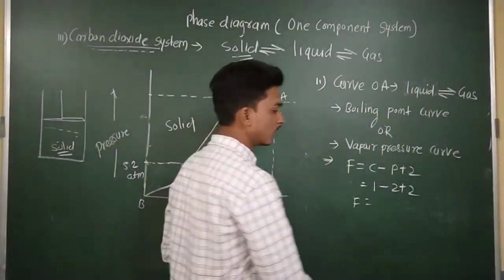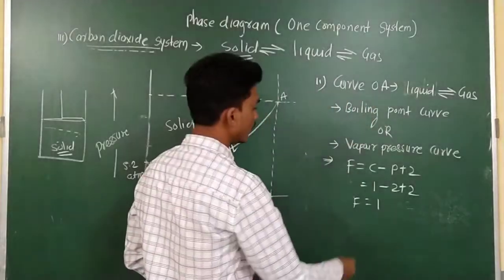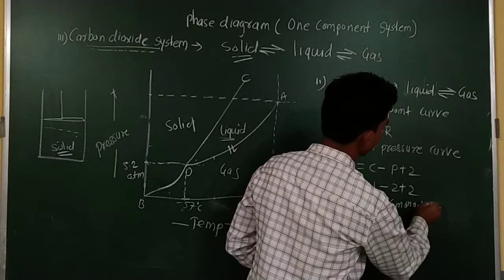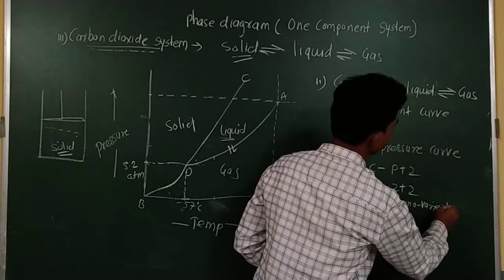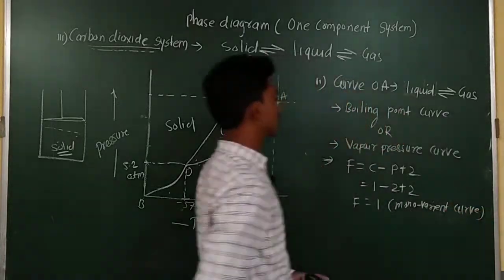What will we get? The answer is 1. So we can say this is a monovariant system, a monovariant curve.